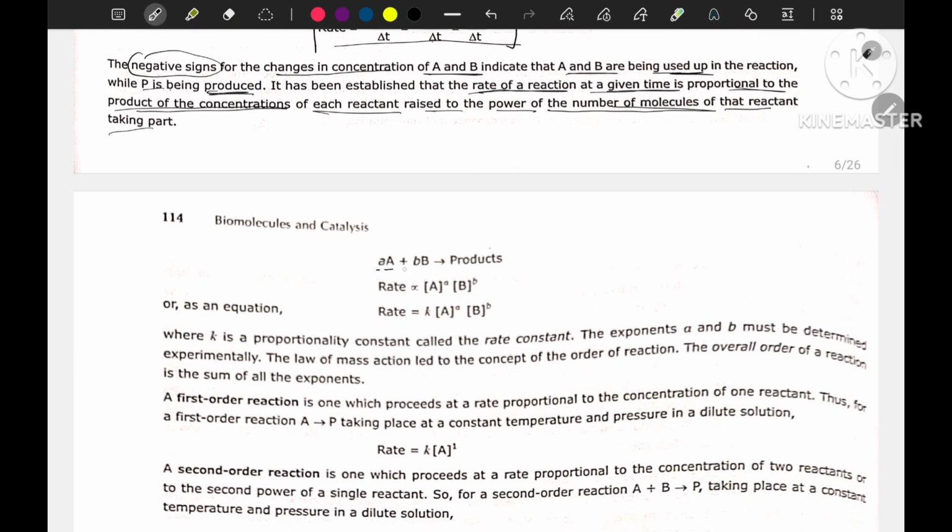Small a, capital A plus small b, capital B forms a product. The rate is directly proportional to [A] raised to the power a, times [B] raised to the power b.